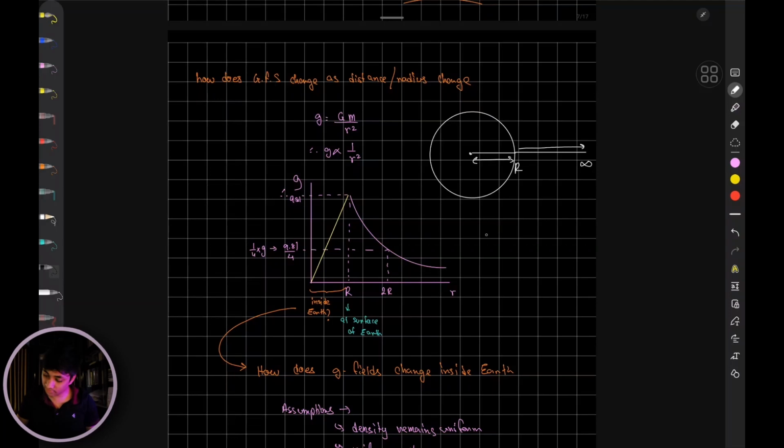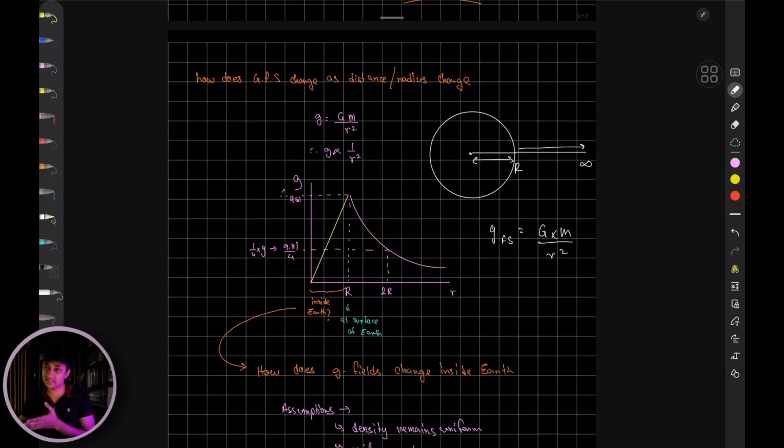Now you know the formula for gravitational field strength, which is gravitational constant times mass of Earth divided by separation squared, right? Now notice one thing.